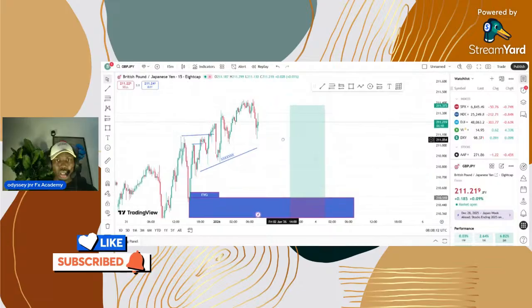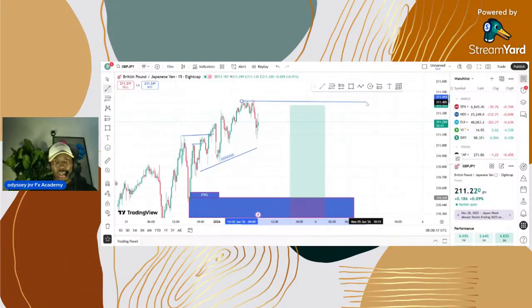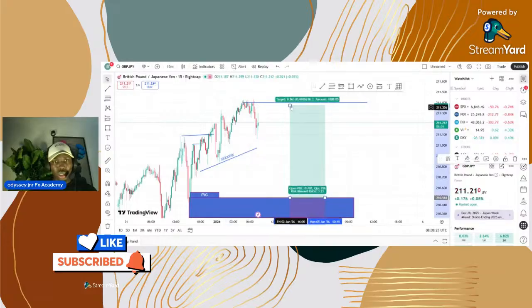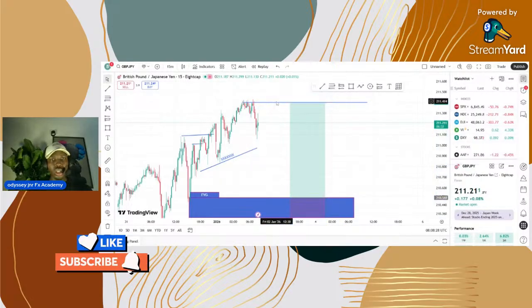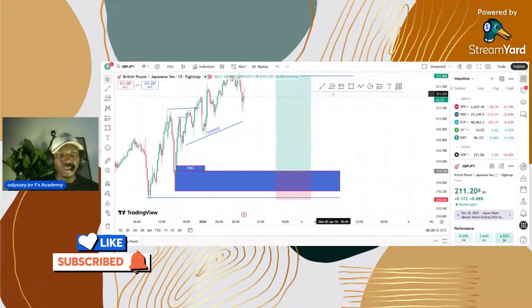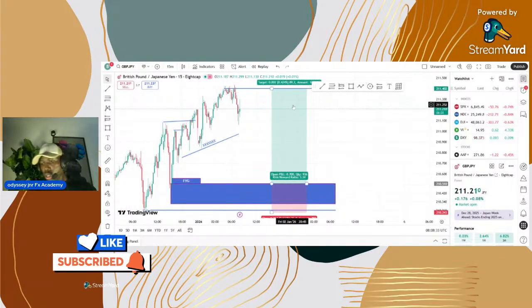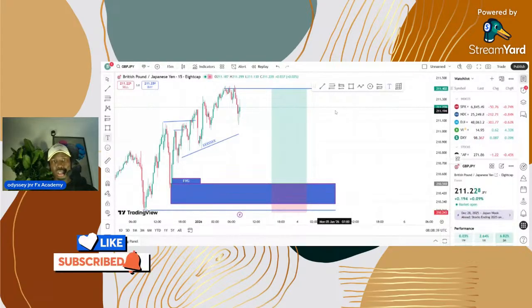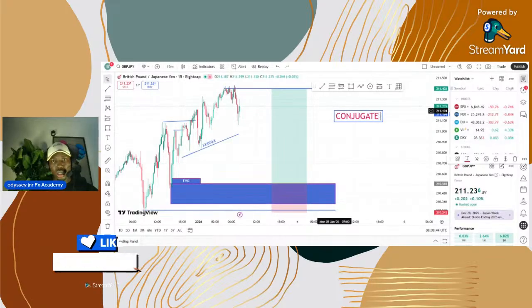So let's write down the trade setup for this. Great Britain pound, JPY.